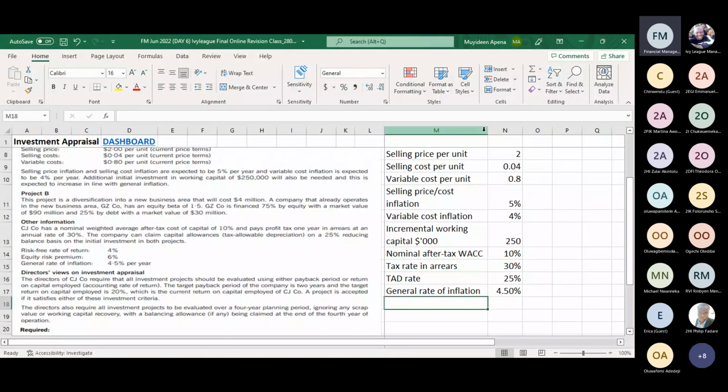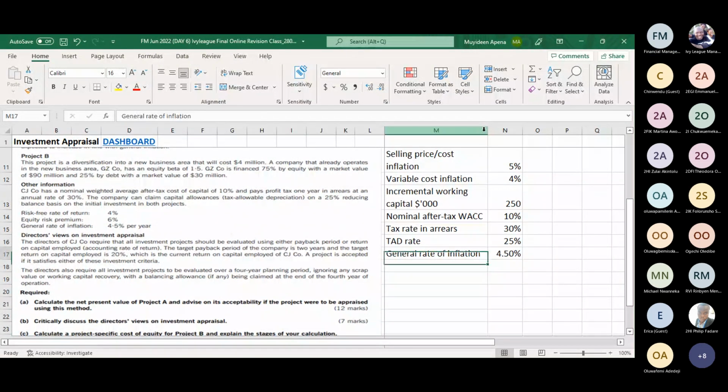So we've noted this information. Now, one thing is that once you hear about capital allowances or tax allowable depreciation, quickly, that should be a strength of all students, okay? So quickly use that to bank your easy marks. So what do we do there? 25% reducing balance.